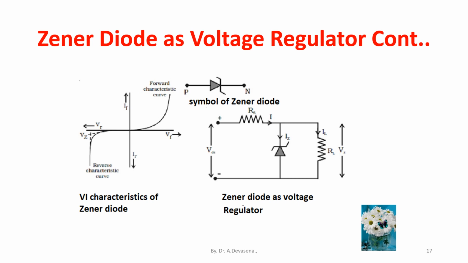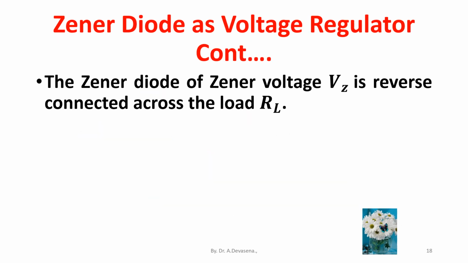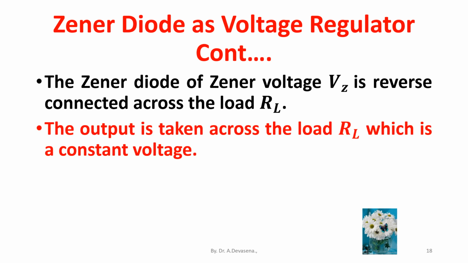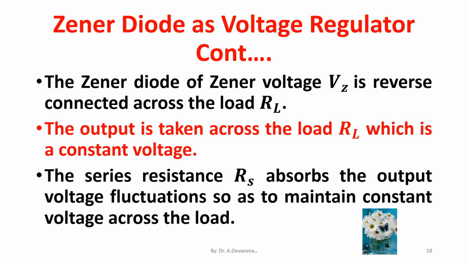And the VI characteristics of the Zener diode is also indicated in this diagram. The Zener diode of Zener voltage V suffix Z is reverse connected across the load RL. The output is taken across the load RL, which is a constant voltage. The series resistance Rs absorbs the output voltage fluctuations so as to maintain constant voltage across the load.